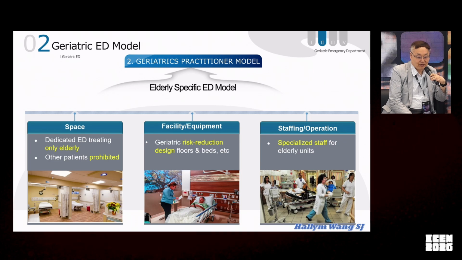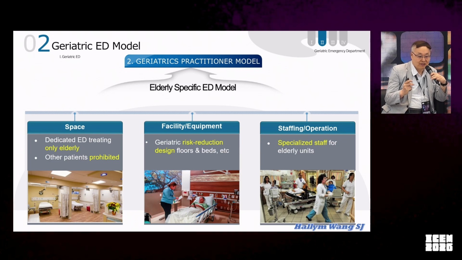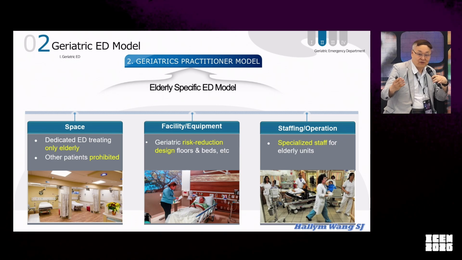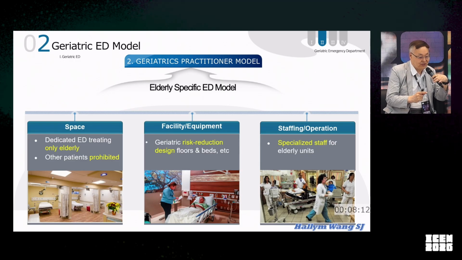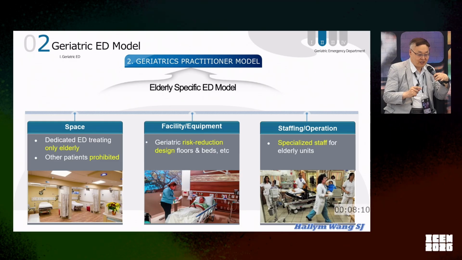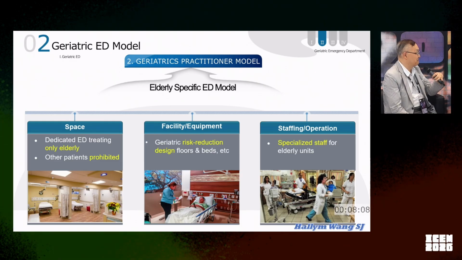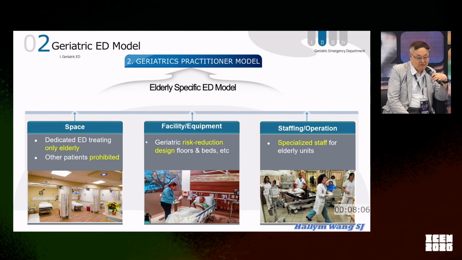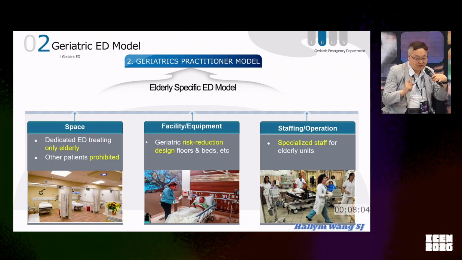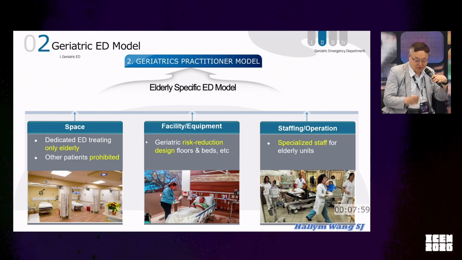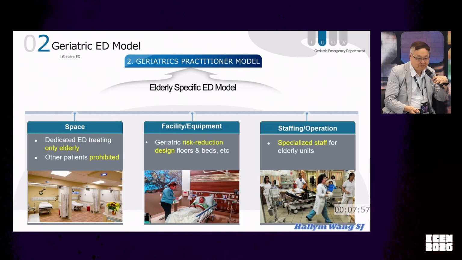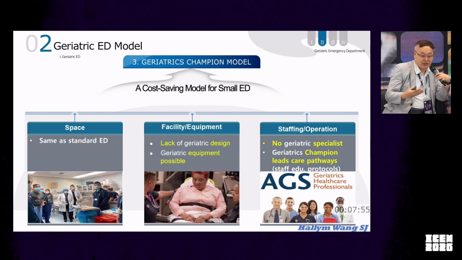How about the geriatric practitioner model? This is the opposite of the first. It is an elderly-specified ED model. The space is only for elderly, so other, younger patients are prohibited. The facility is similar but focused on geriatric patients, and staffing is specialized also. How about the geriatric champion model?